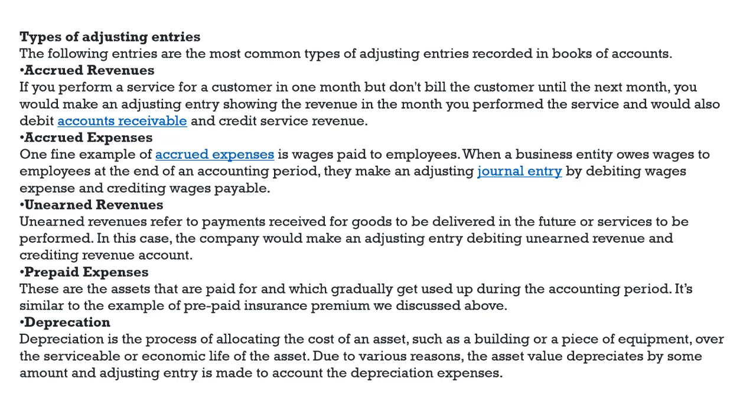I will show you with separate examples how to pass all those adjustment entries, and how their effect is reflected on your books of accounts, maybe in P&L, maybe in the balance sheet.